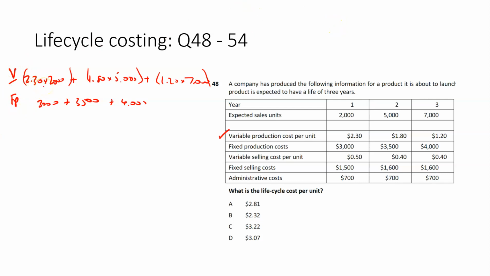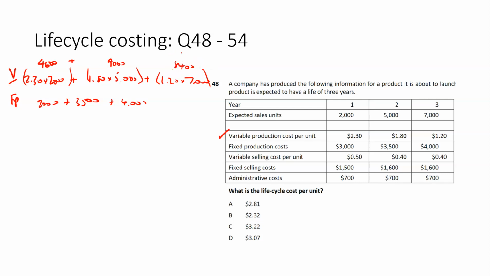So 2.3 times 2,000 is 4,600, plus 1.8 times 5,000 is 9,000, plus 1.2 times 7,000 is 8,400.